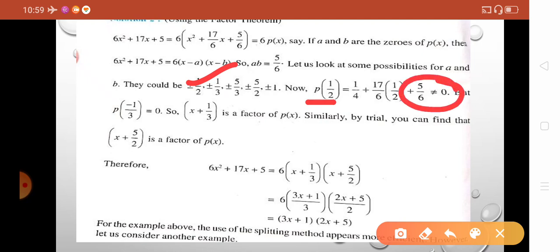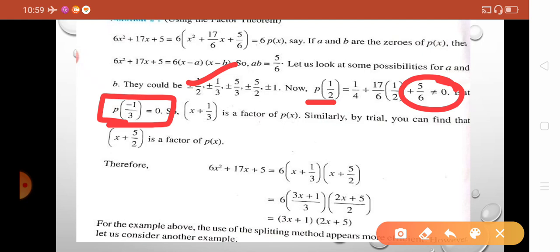That means 1 by 2 is not a factor. Now we will check for minus 1 by 2, and it is also not a factor. Then we will move to 1 by 3. 1 by 3 is also not coming out as a factor. Then minus 1 by 3 comes out to be 0. So minus 1 by 3 is a factor.